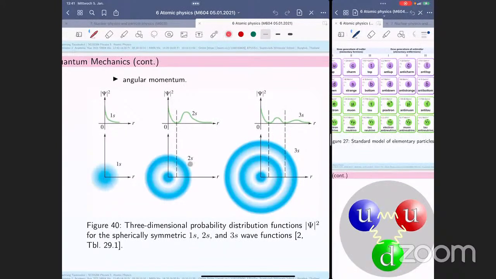And for the 2s orbit, 2s, it means the small n, which is the principal quantum number, is equal to 2, and S means the case when L is equal to 0. You get the wave function like this, the magnitude square of the wave function.